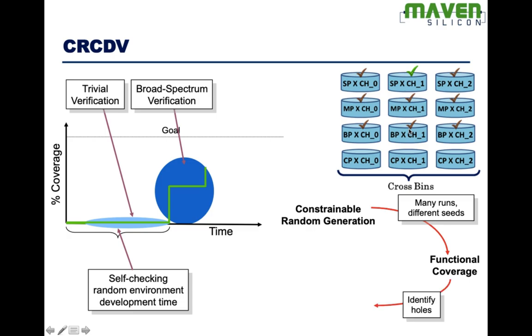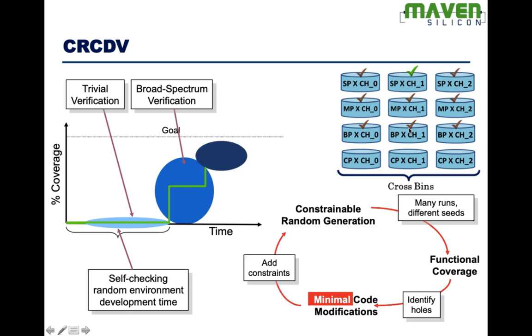Look at here. This is going to be an iterative process. This circle is going to continue. We generate random values and run the test case multiple times with different seeds.